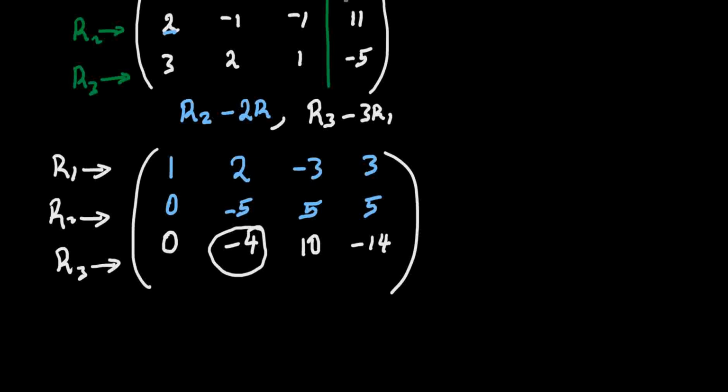But we can't multiply row 1 by 4 because this value that is already 0 will automatically become a number greater than 0. So we can't multiply by row 1. Hence, we have to multiply by row 2. So we have negative 4 here and we have negative 5 here.